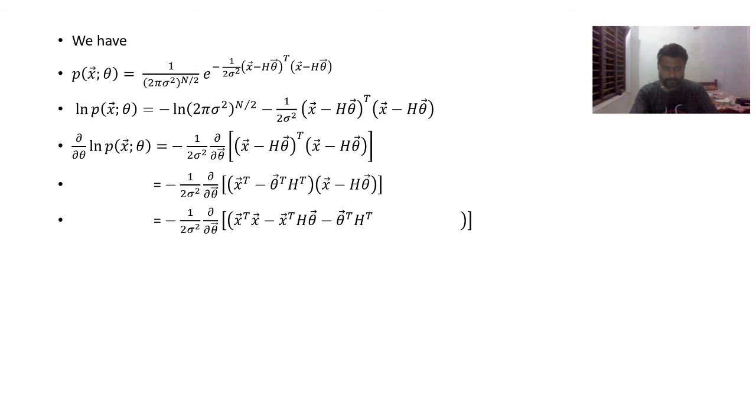I think this is clear for you, is it not? So now I can take theta transpose h transpose x. We have theta transpose h transpose x, theta transpose x.